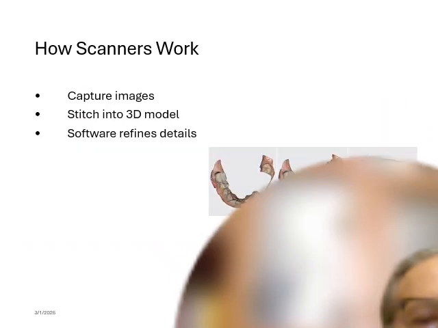How does a scanner work? They capture images, they stitch the images over each other, and this is why in long arch or in full arch impressions, stitching the images over each other might introduce error. So software refines details.